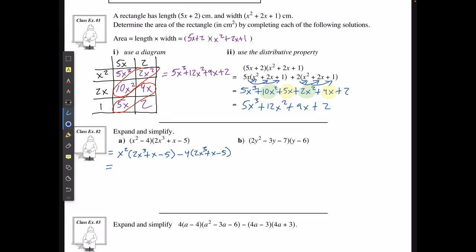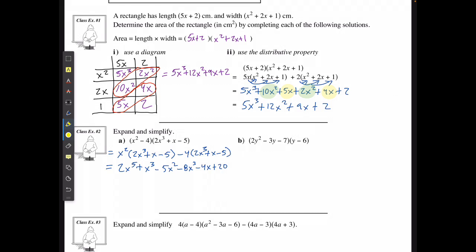When I expand this out, I'm going to wind up getting 2x to the power of 5, x to the power of 3, and negative 5x squareds. When I multiply the second step by negative 4, I get negative 8x to the power of 3, I get negative 4x's, and I get positive 20.